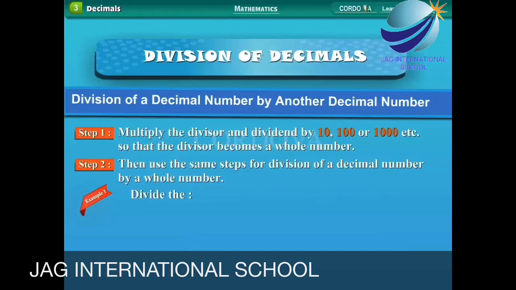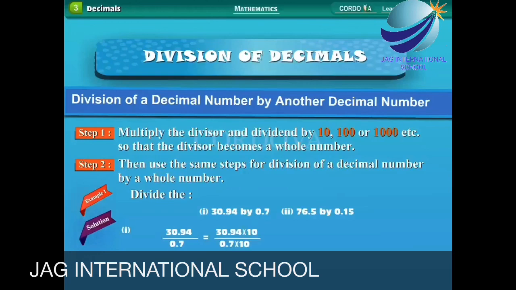Example 1. Divide 30.94 by 0.7, and 76.5 by 0.15. Solution. 30.94 upon 0.7 is equal to 30.94 into 10 upon 0.7 into 10, which is equal to 309.4 upon 7.